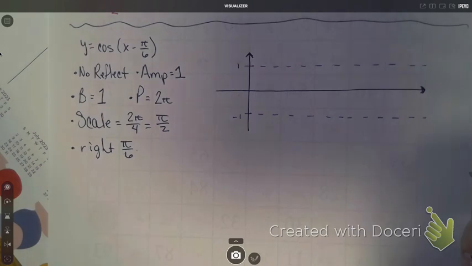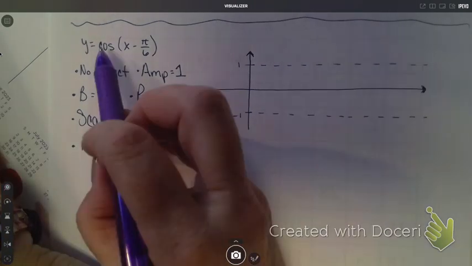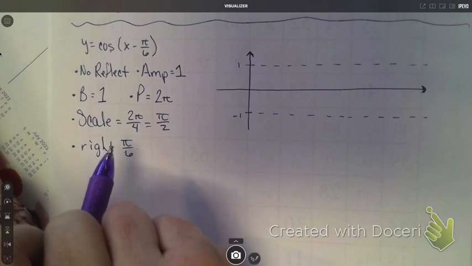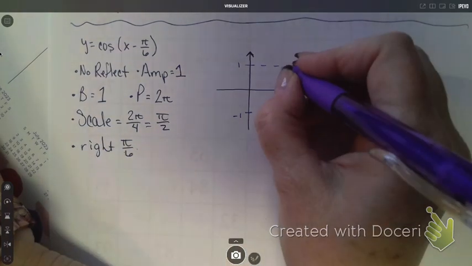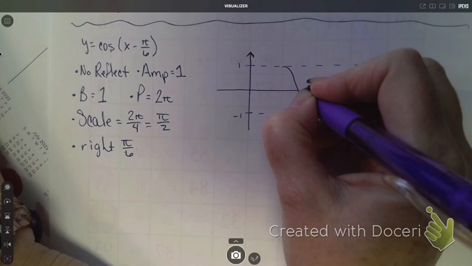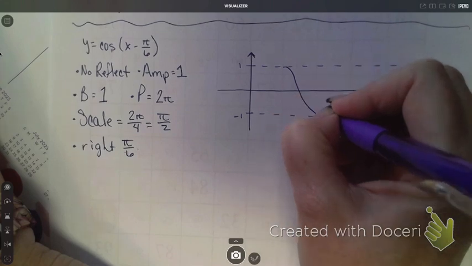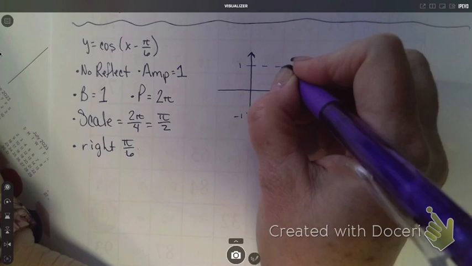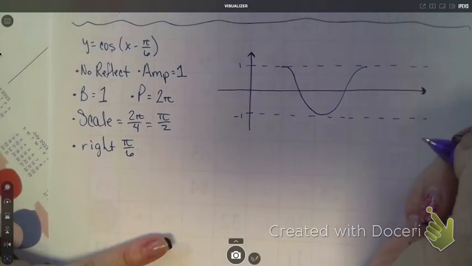It's cosine, not reflected. So is it going to start at the max or the min? Max. So give yourself a curve.